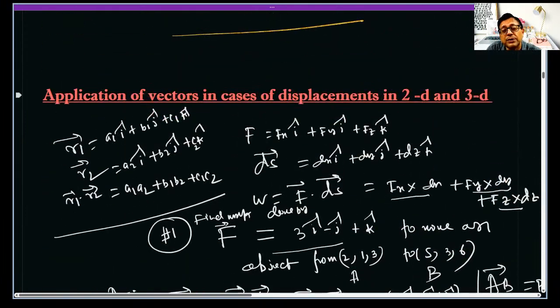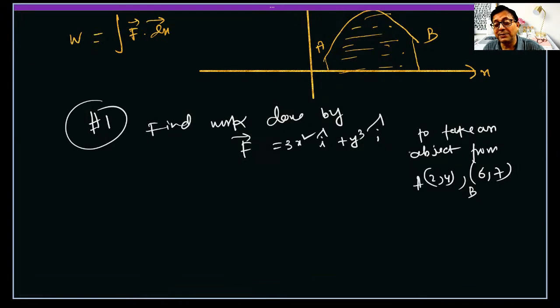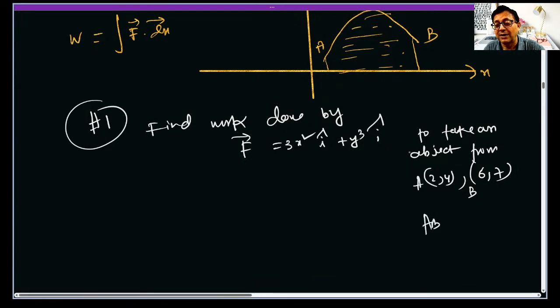The formula I have already told you: Fx dx, Fy dy, Fz dz, isn't it? Or go by the dot product concept. So AB vector you find. AB vector is what? This is 4i plus 3j. What is the problem? We cannot find it by using the dot product between F and AB, because the force is changing along x-axis and along y-axis, both the cases.